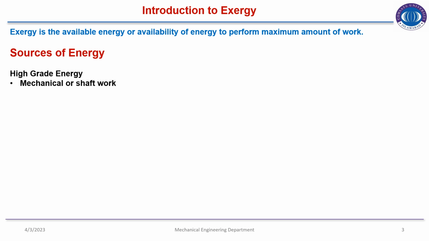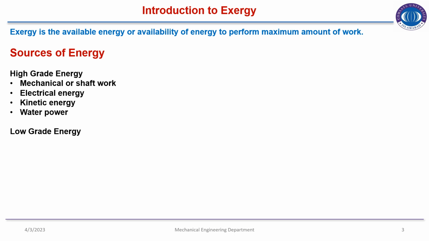The sources of energy. As you know, there are two main forms of energy, high grade energy and low grade energy. For high grade energy, we have mechanical or shaft work, electrical energy, kinetic energy, and water power.